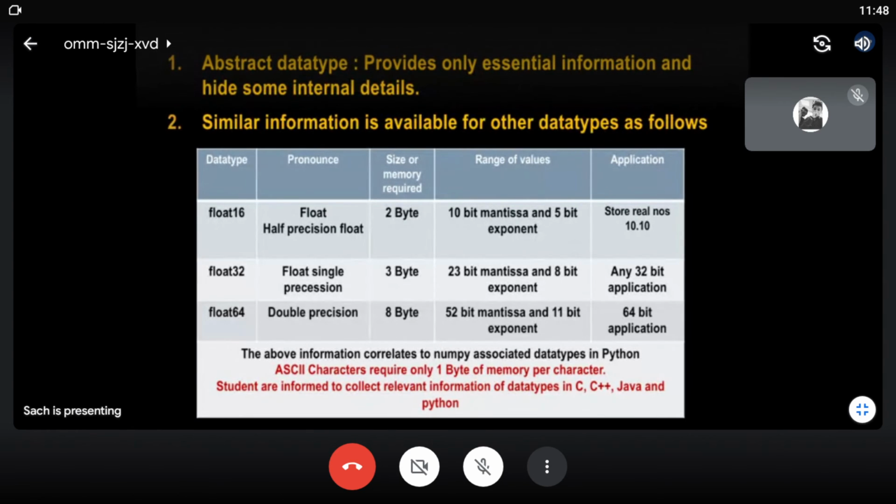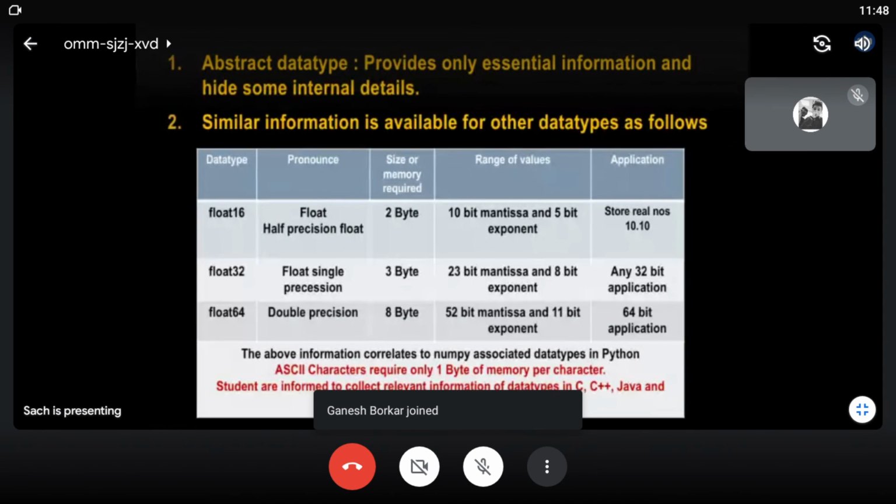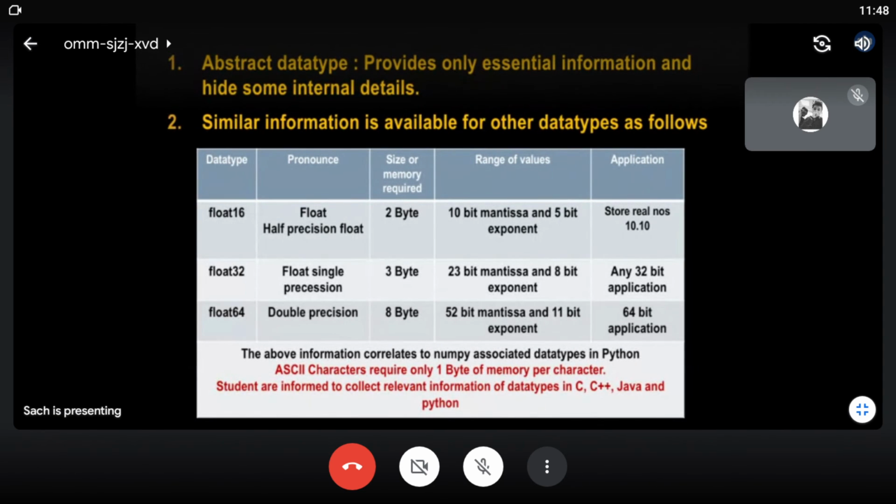Now all this floating point information and integer 8, 16, 32 or float 16, 32 and 64 are associated with NumPy data types in Python. We have referred to the NumPy data types in Python. Now, as far as ASCII characters are concerned, we require 1 byte of memory per character.